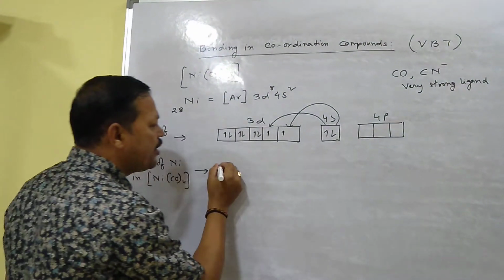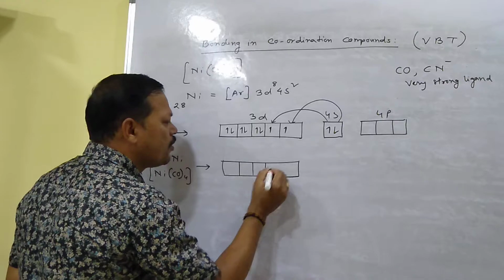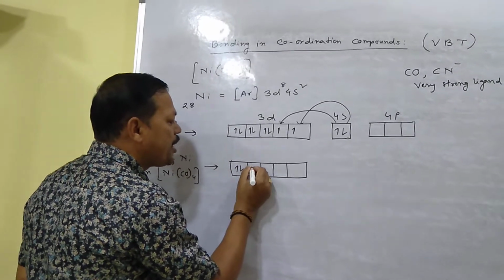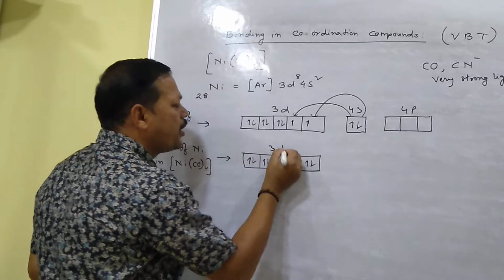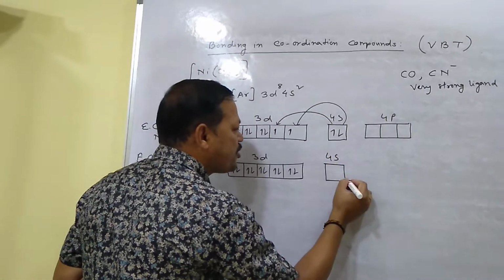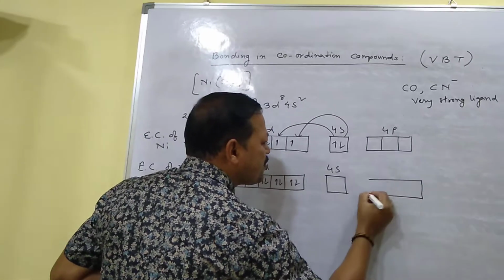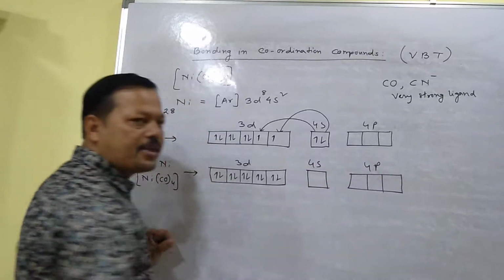So ultimately in the nickel configuration, the 3d orbitals become paired like this, and 4s becomes vacant. This happens due to the presence of a strong ligand.